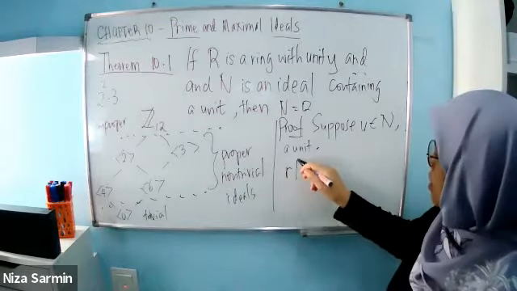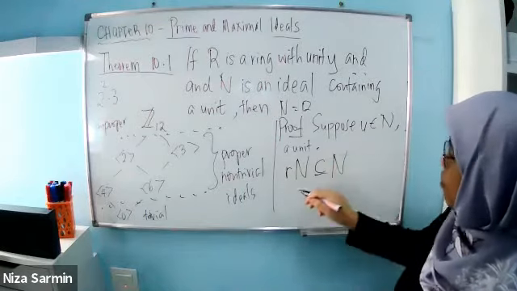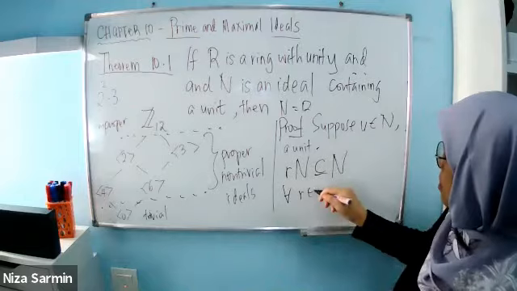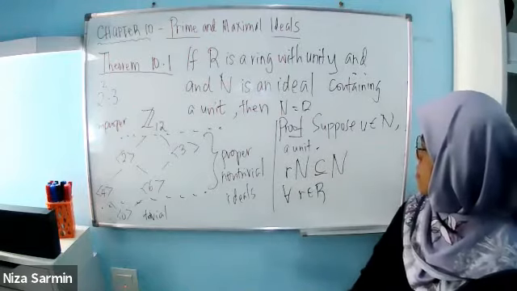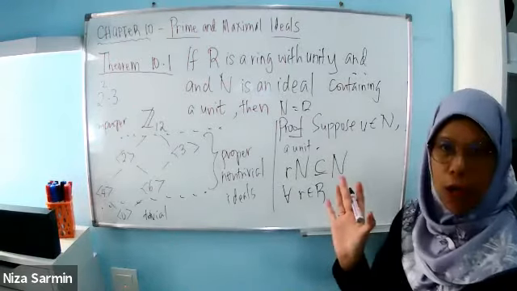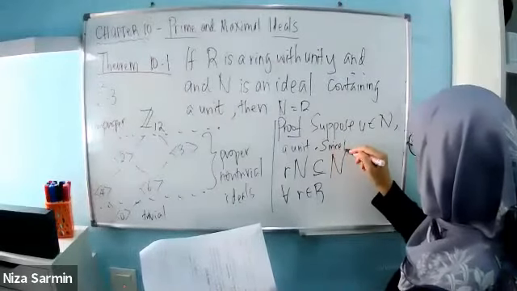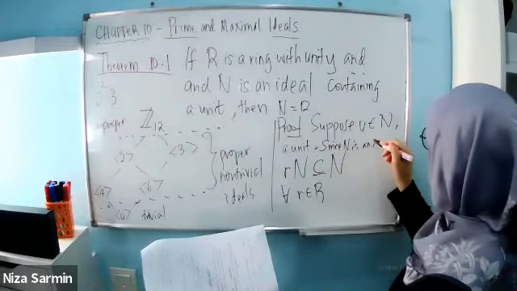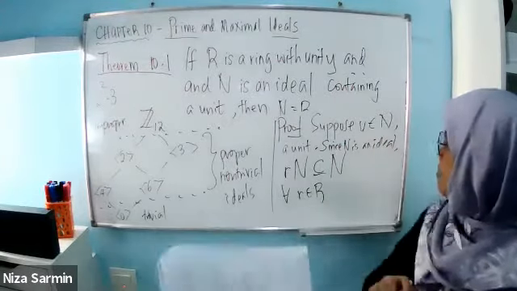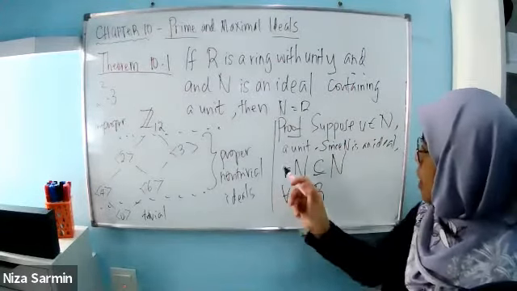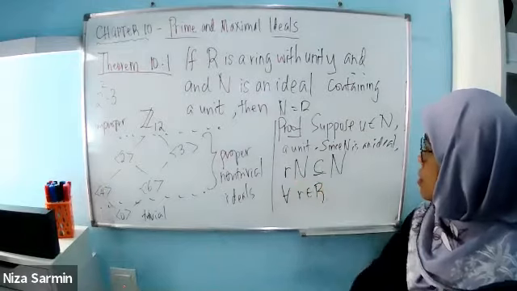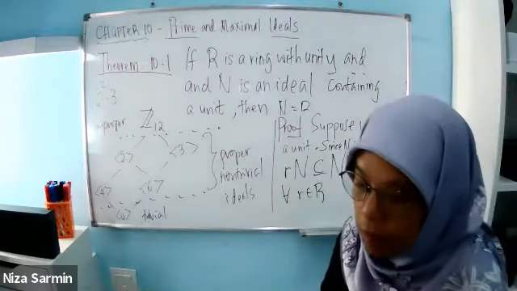Now rn is in N for all r in R. I don't use U yet. Since N is an ideal, any r multiplied by n is a subset of N.